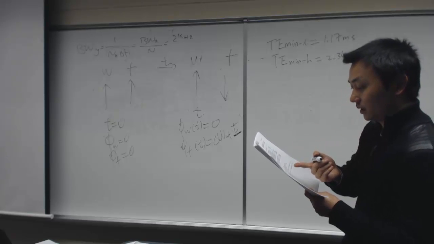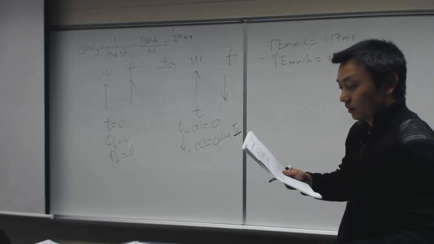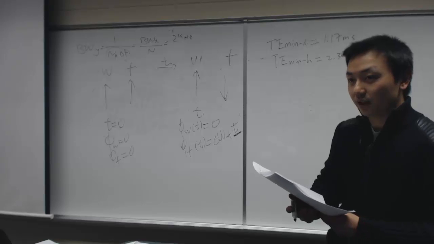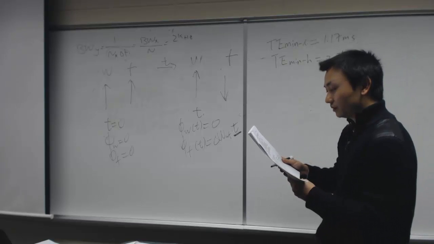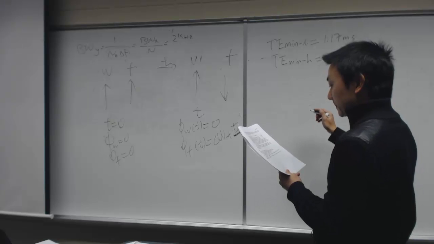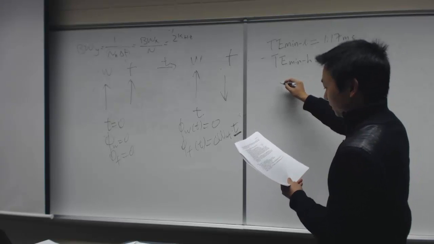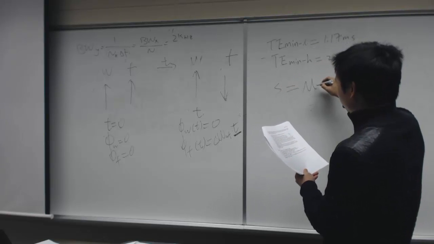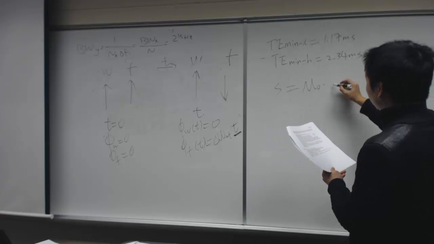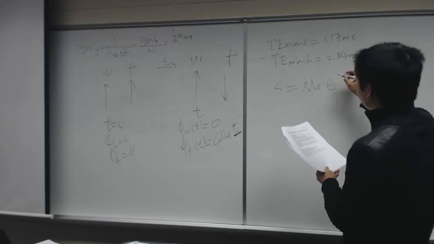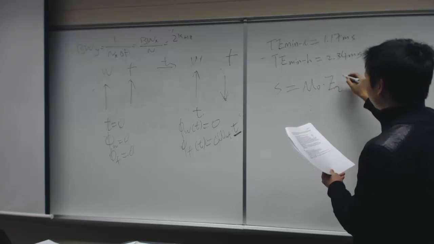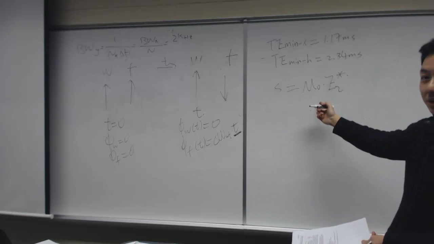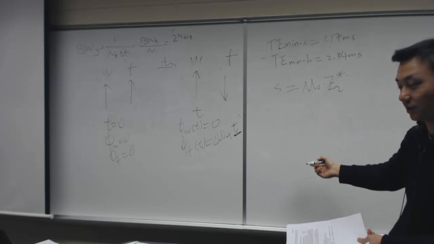So the question 5D is, we just need you to write down the signal expression of the gradient echo. So the signal of the gradient echo is simple. It's just M naught, right? And actually just e to the minus TE over T2 star. So this is what we need you to write down in order to solve this question.